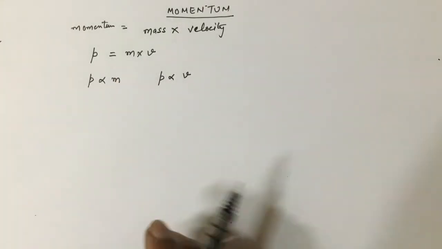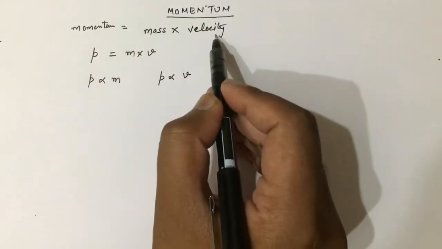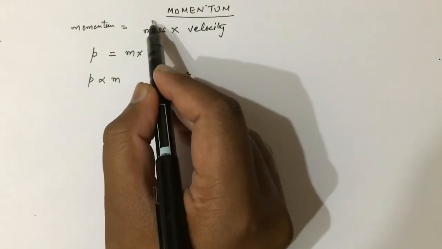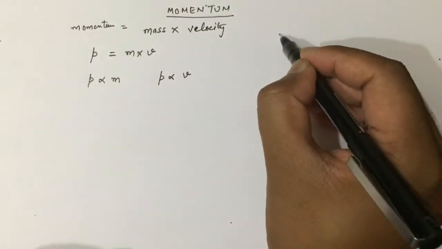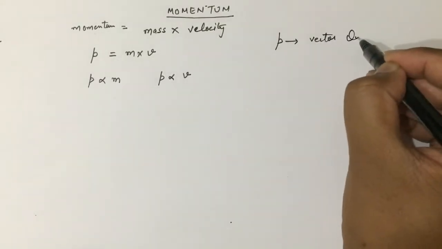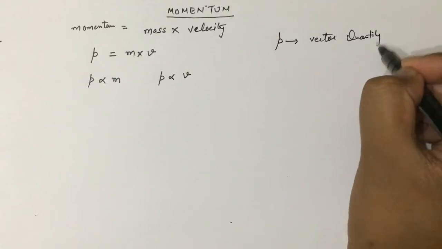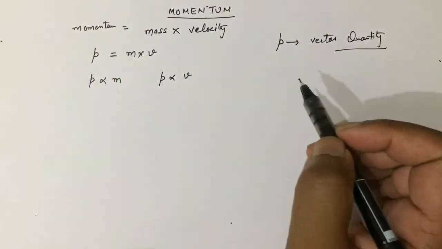Clear? Mass is a scalar quantity and velocity is a vector quantity, which makes momentum a vector quantity.